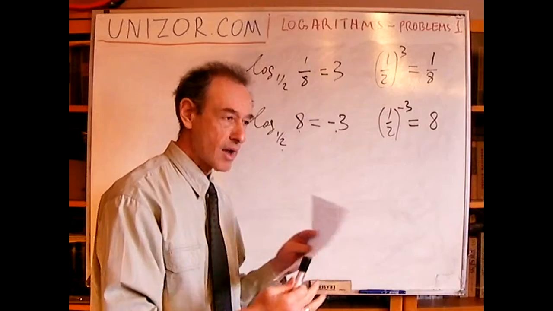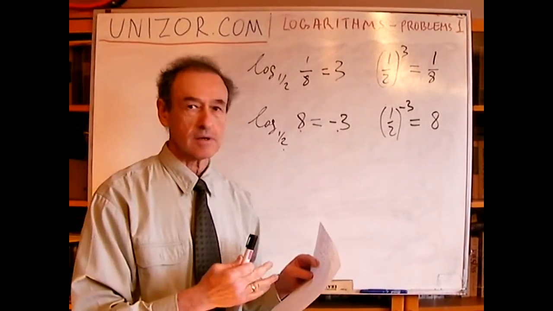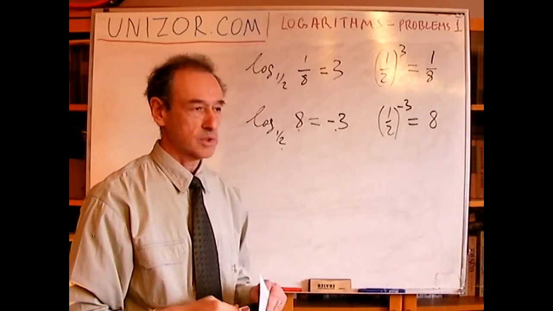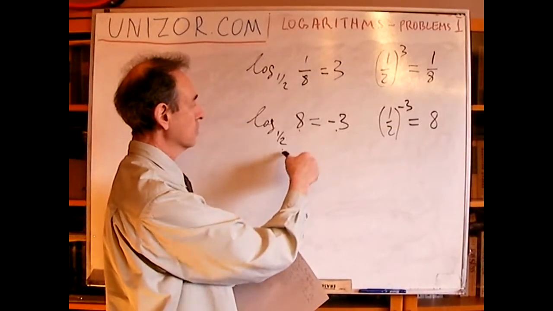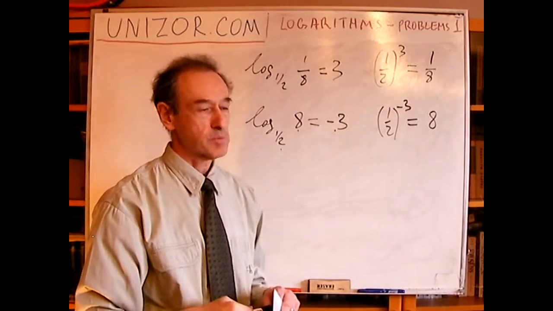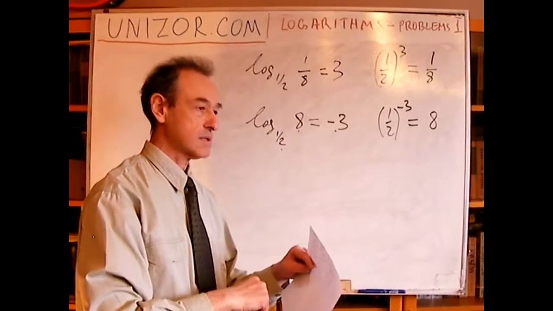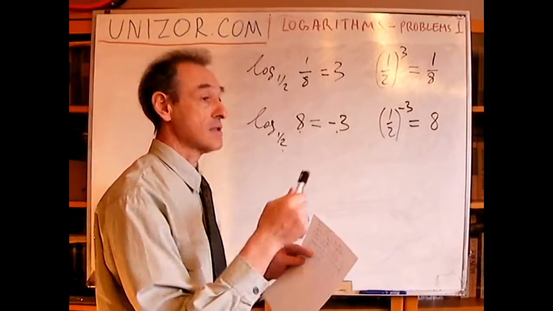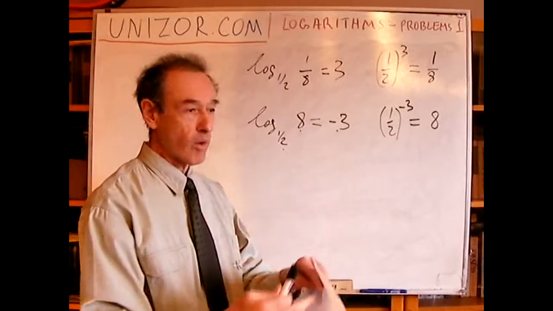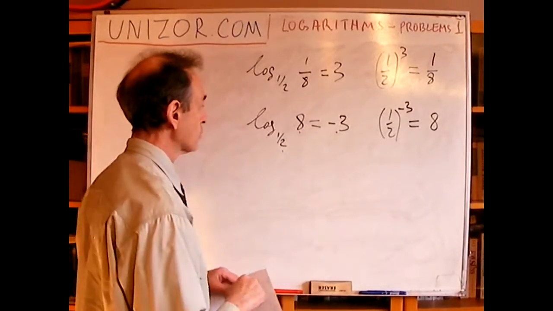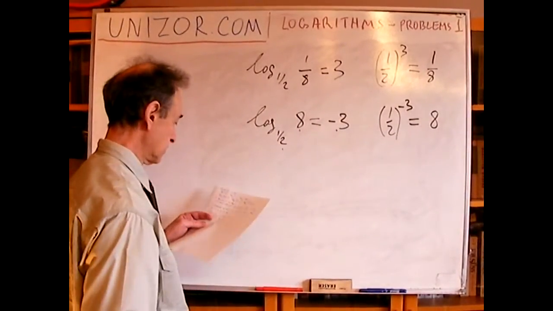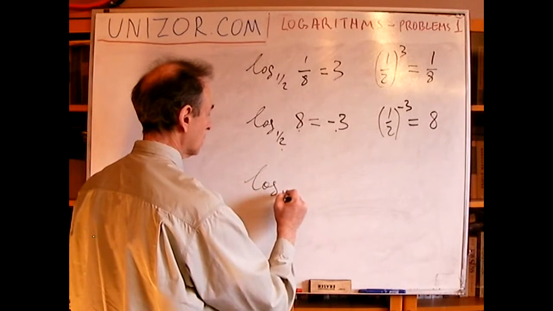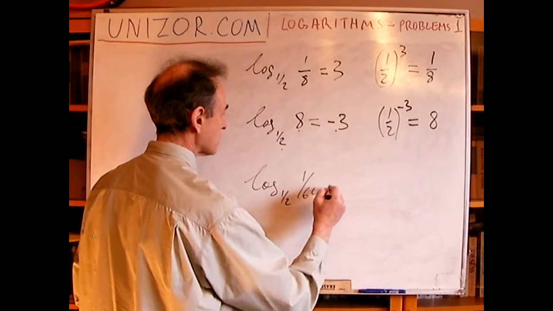You have to just approximate what might be the answer, positive or negative, versus what exactly the relationship is between the base and the expression under the logarithm. If one is less than 1 and the other greater than 1, then the power should be negative. If they are the same, both less than 1 or both greater than 1, then the power should be positive. This should be positive.